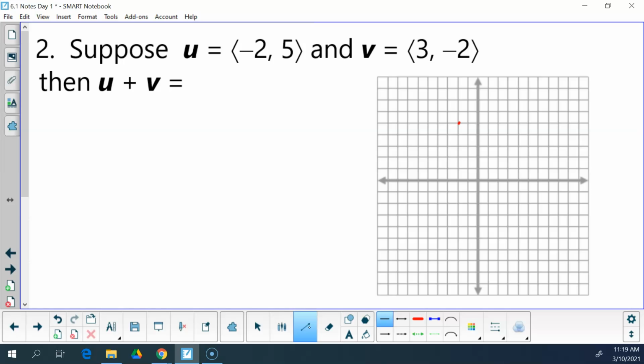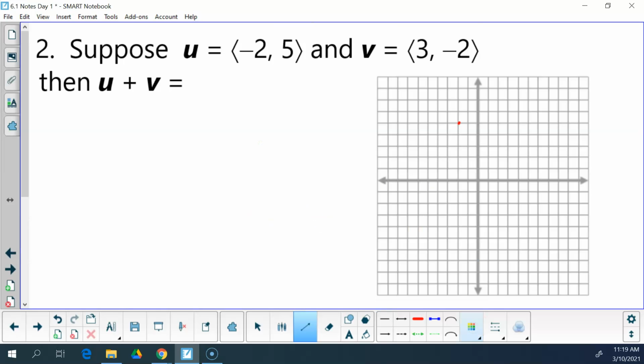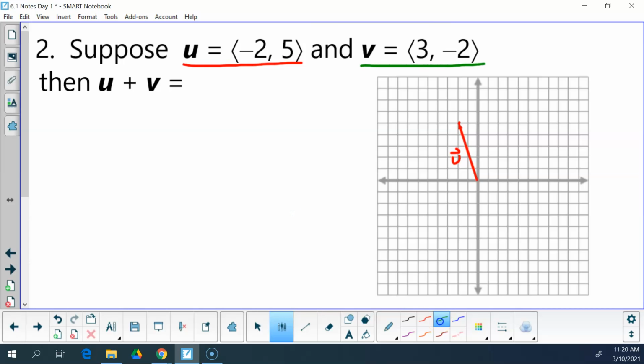This one, that color. So there is our vector. We will call it U. Then we've also got vector V. Vector V goes through the point 3, -2.